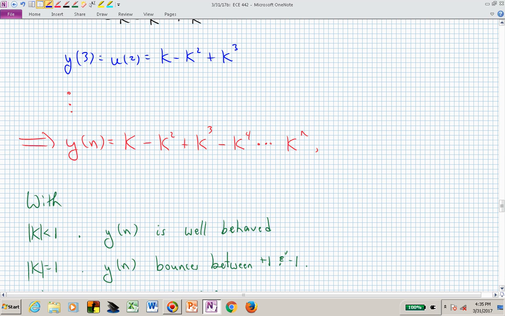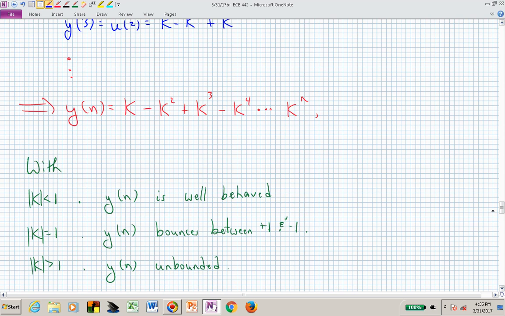With k having a magnitude of 1, we would just be adding and subtracting 1 each time, and then y of n would just be bouncing back and forth between 1 and minus 1. That might not be such a good idea. And if k is bigger than 1, then y of n is going to grow because we're now raising this number that's larger than 1 to a higher and higher power, and that's just going to make y of n go unbounded.